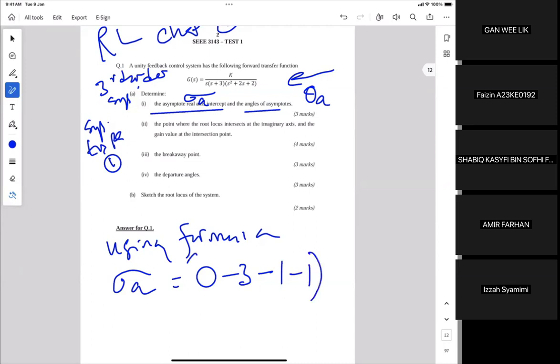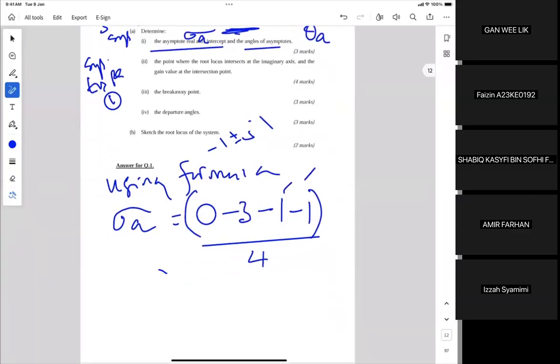Okay, divide by 4. Okay, so if you look here, this one is minus 1 plus j1. So minus 1 plus minus j1. So when you add these two poles, the imaginary will cancel out. That's why you get minus 1 and minus 1. Okay, so the sigma A is minus 1.25.